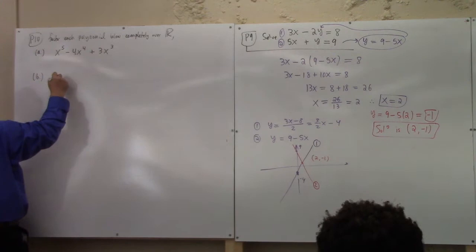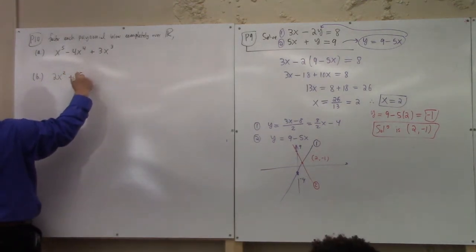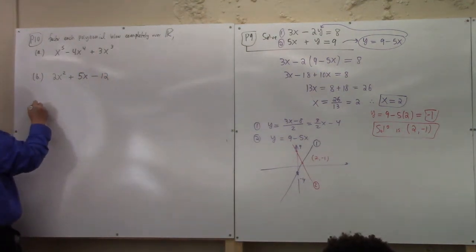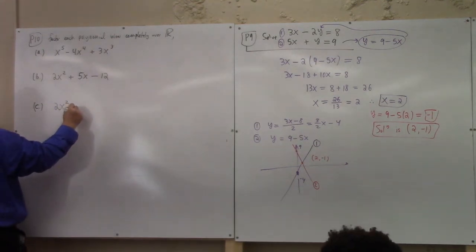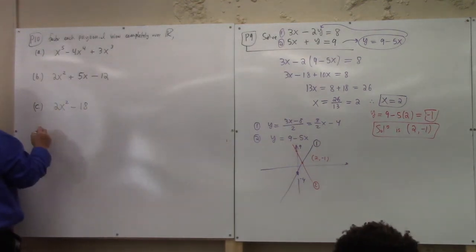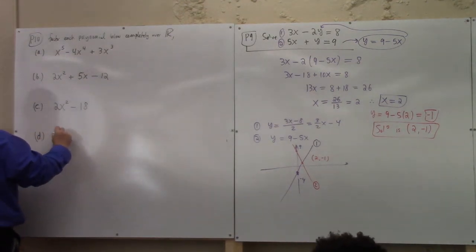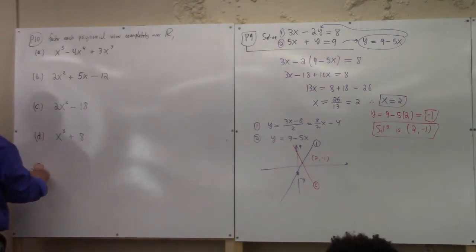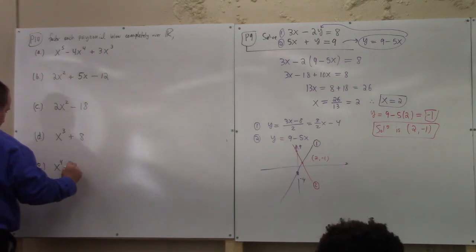We have 2x squared plus 5x minus 12. We have 2x squared minus 18. We have x cubed plus 8. And finally, we have x to the 4th minus 81.